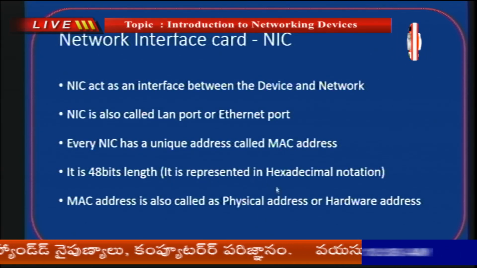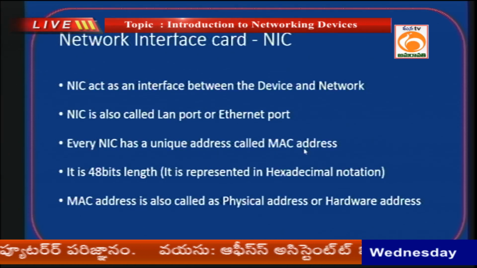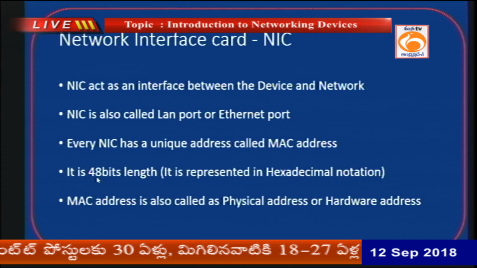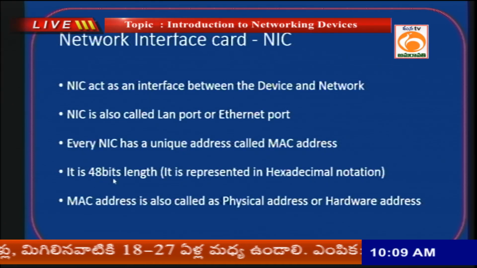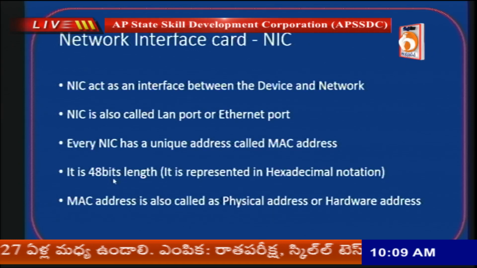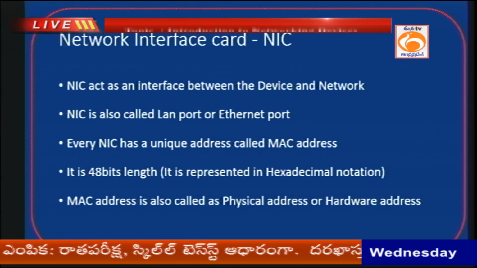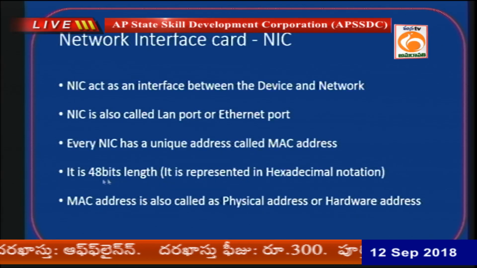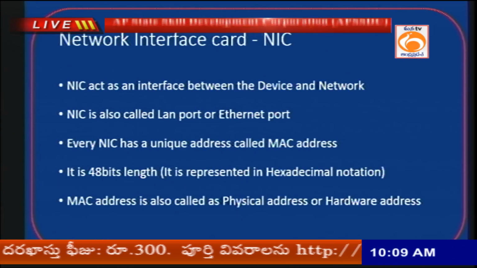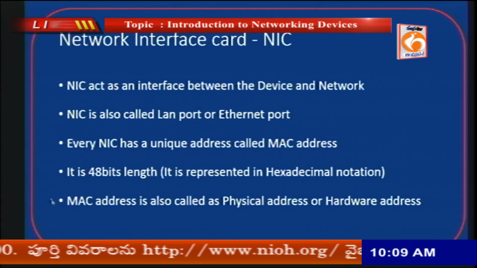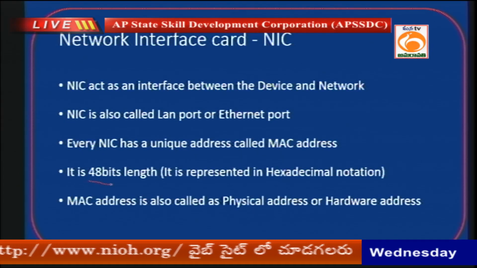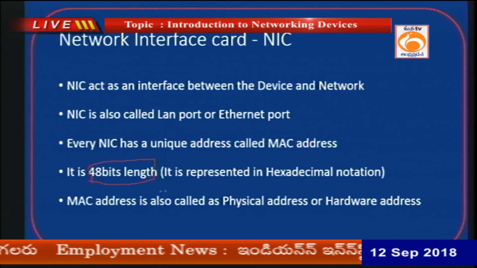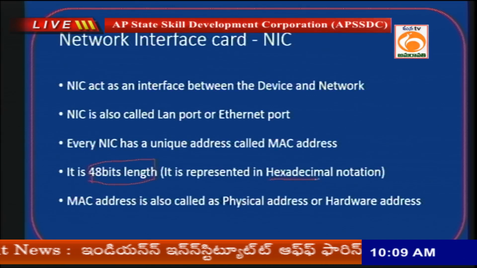MAC stands for Media Access Control, and this MAC address is 48 bits. Here we should know that bits look like binary format. 48 bits means 48 values of zeros and ones, and this is very difficult to remember, and hence this 48-bit address is converted into hexadecimal notation.